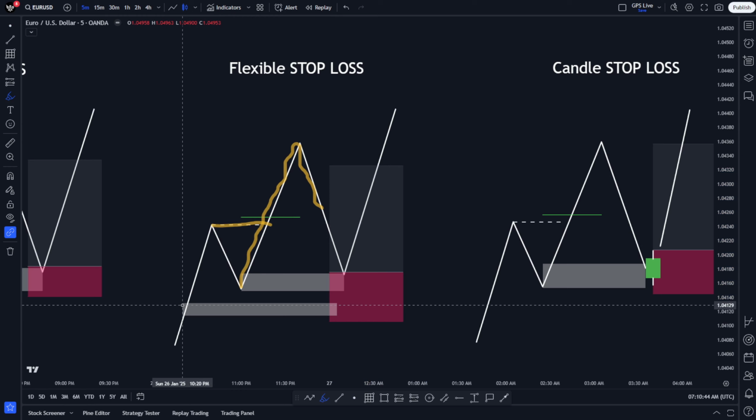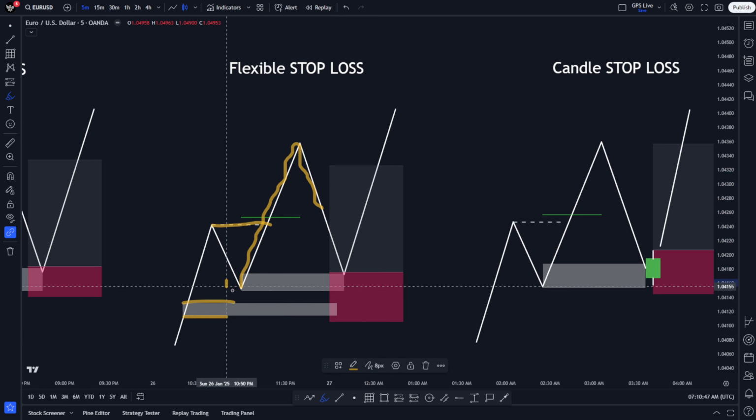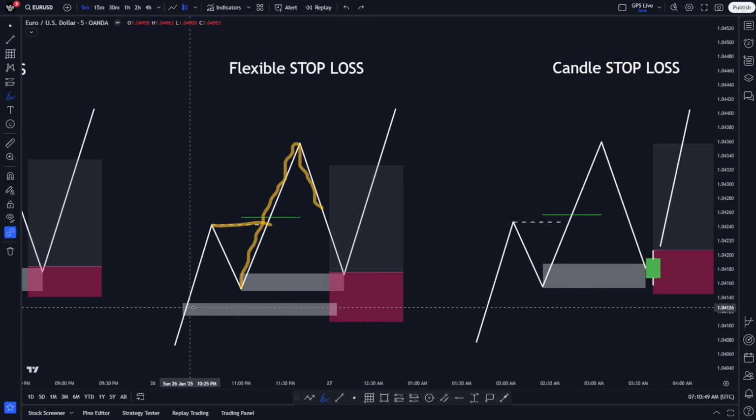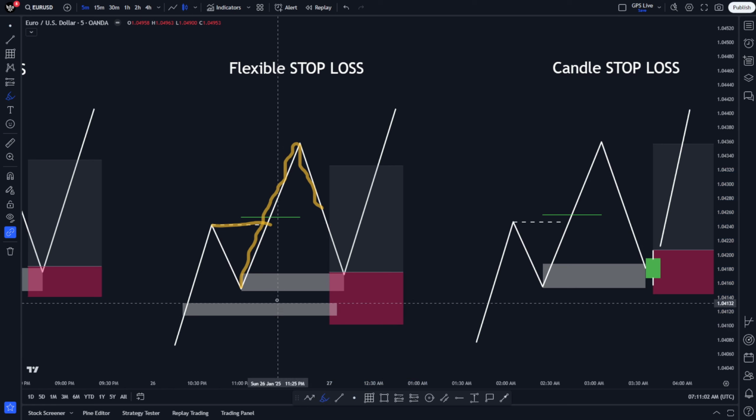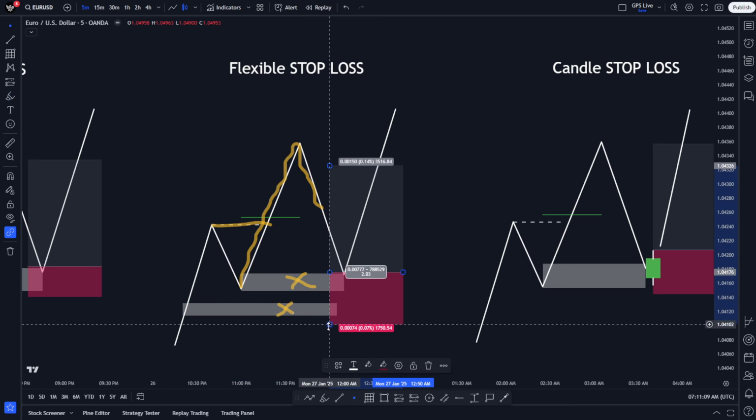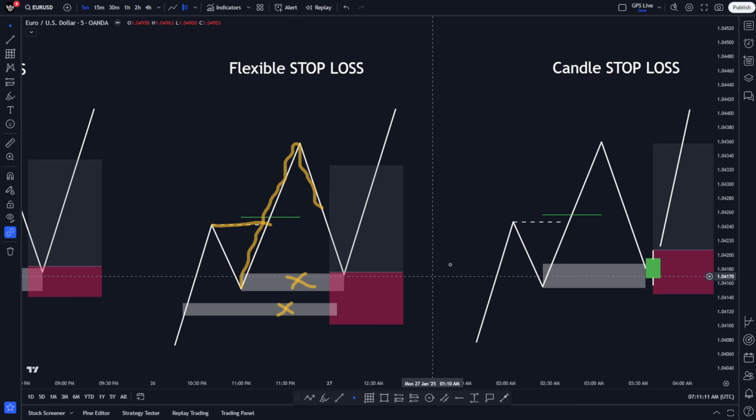For example, let's say you have a very strong order block below this point. It may be an order block, it may be a liquidity zone like a double top, trendline liquidity, whatever it can be. All you do is extend your limit order stop loss to cover both of those liquidity points. This order block is also a liquidity point, so we are just covering both of them in the same place.